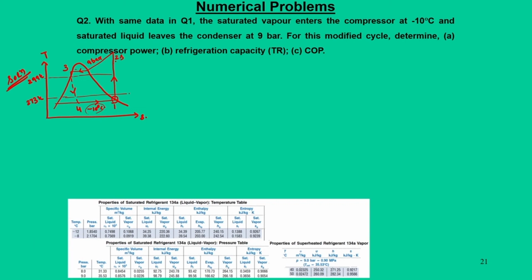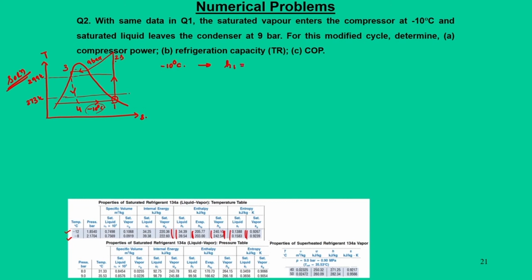So, we have to calculate the values at minus 10 degree centigrade. What values are required? From the data, we have data for minus 12 and minus 8, so we can interpolate these values to find the data for minus 10 degree centigrade. Now, what data do we require? We require H1.